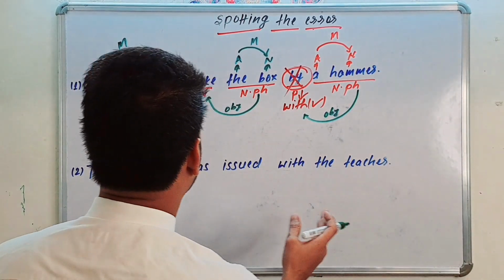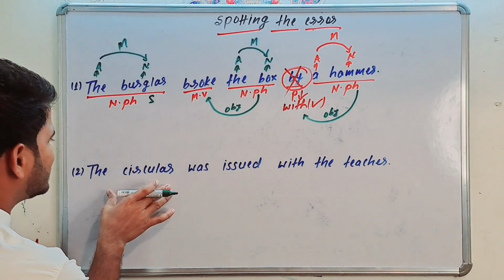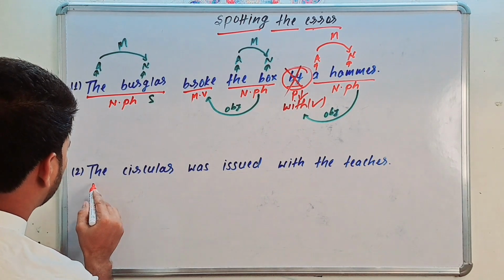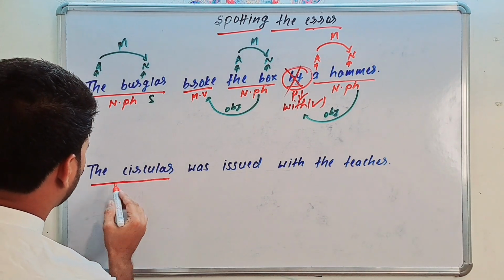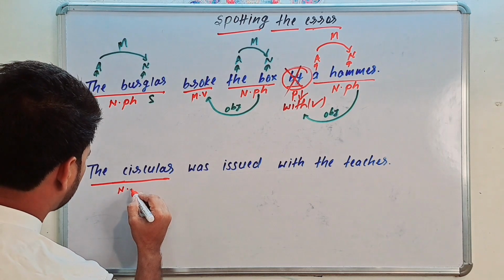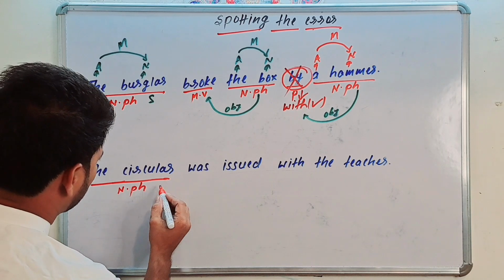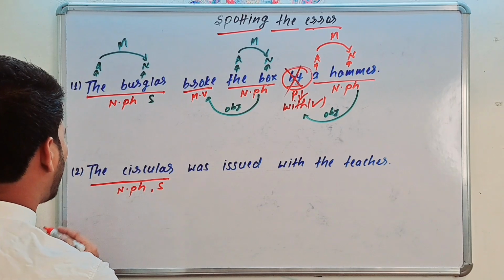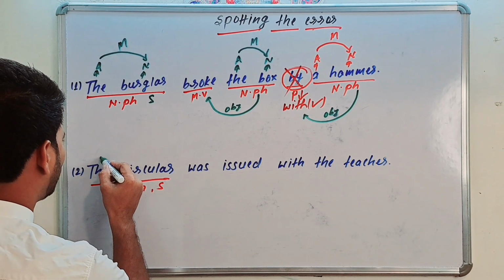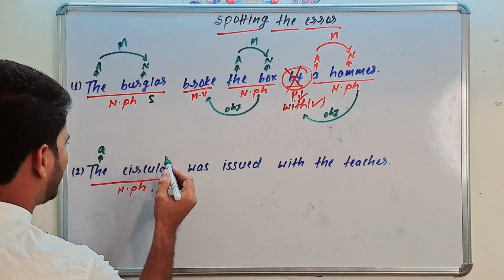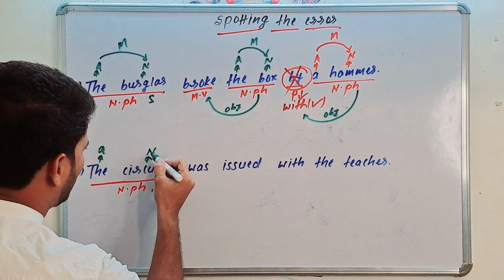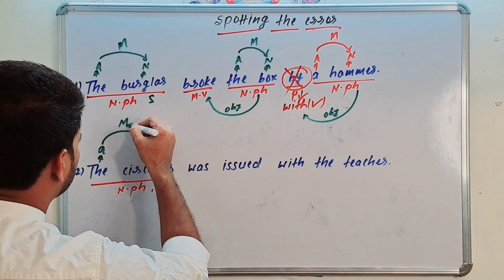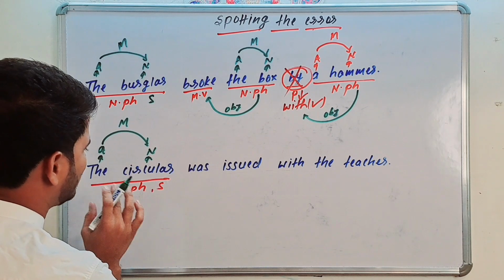So here, understand the circular: again, your noun phrase working as a subject in the sentence, keep in mind. In that noun phrase, this is your article and noun, which is modifying the noun circular.